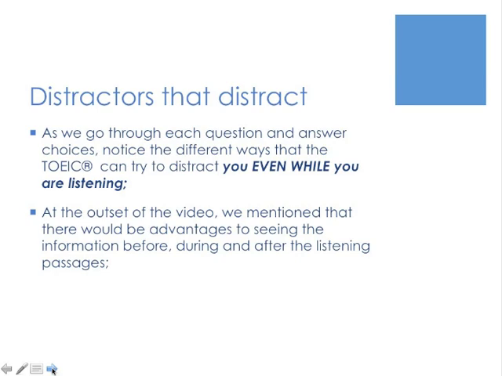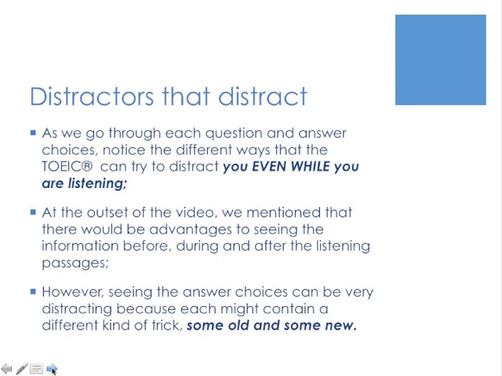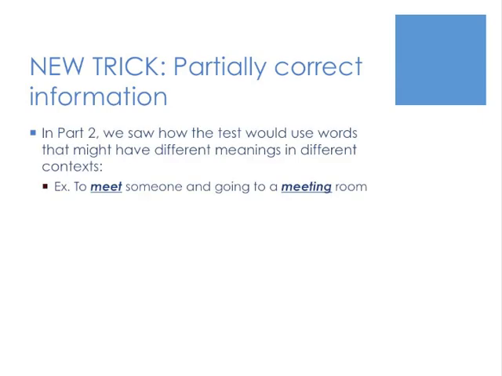So at the outset, we mentioned that there are advantages and disadvantages, but some of the advantages and disadvantages are a little different. Some of these tricks are new, and some of these are, of course, old. So first off, let's look at some of the new tricks this time. A trick that we're going to refer to as partially correct information.